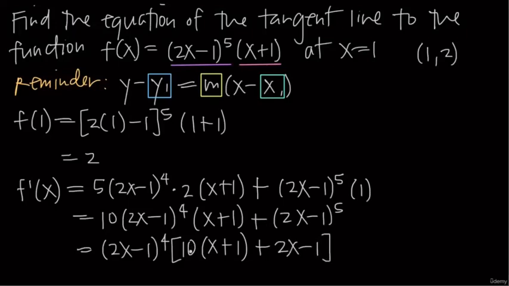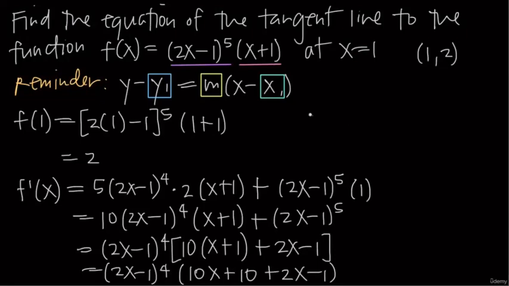Now we'll distribute the 10 across the x plus 1. And then we'll combine like terms here in this second set of parentheses. So 10x plus 2x gives us 12x, and 10 minus 1 is 9. So we'll get 12x plus 9, and we'll rewrite the derivative function as f prime of x is 2x minus 1 raised to the fourth power multiplied by 12x plus 9.